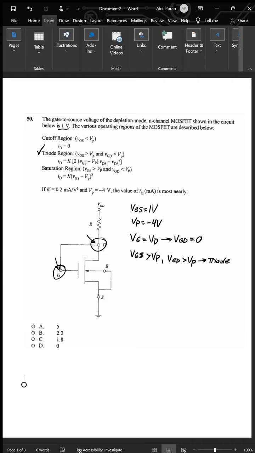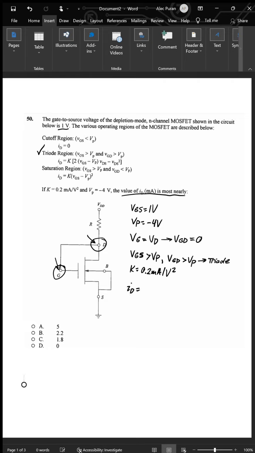And we also know K, so I'll just write that down here too. So K is 0.2 milliamps per volt squared. And then we can solve for ID because that's what this question is asking. What is the value of ID? So we'll plug that into the triode region equation.